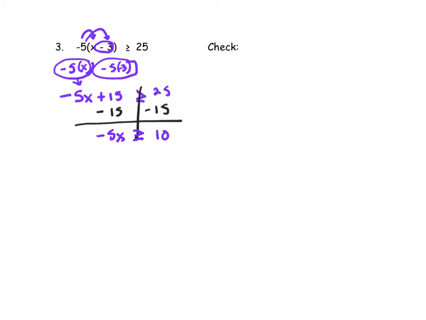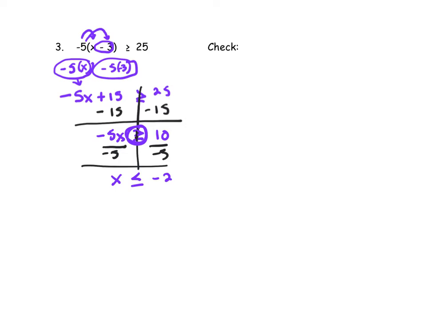And now here's the part that's going to change the direction of my inequality sign. I'm going to divide by -5 on both sides. And now I have x on this side, and over here I have -2, but this inequality sign, because I divided by a negative, must switch.